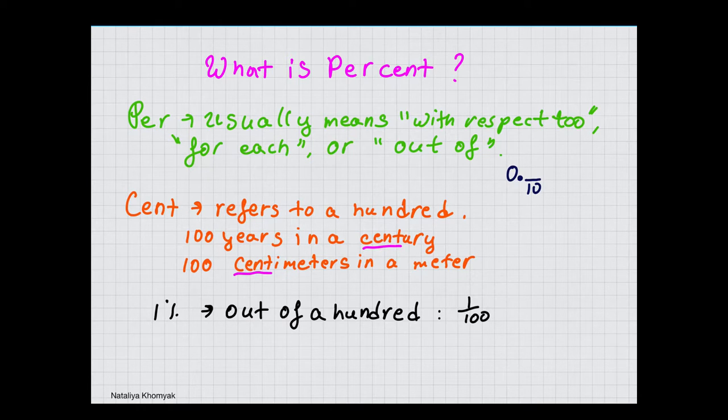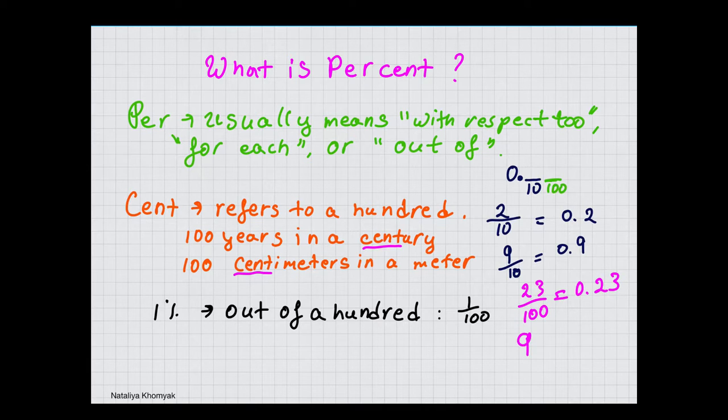So let's say you have 2 out of 10, this will give you 0.2, or 9 out of 10, that's 0.9. The next positional place is out of 100. So let's say if I have 23 out of 100, this will calculate into 0.23.